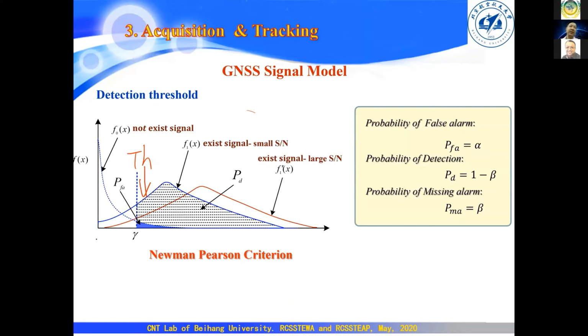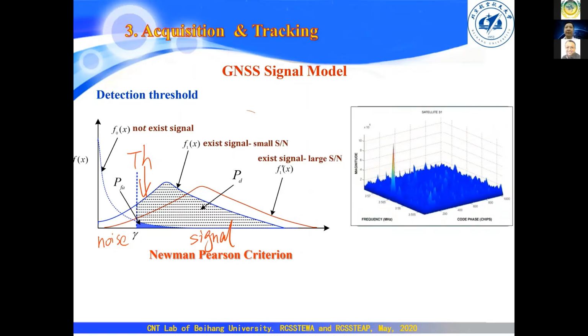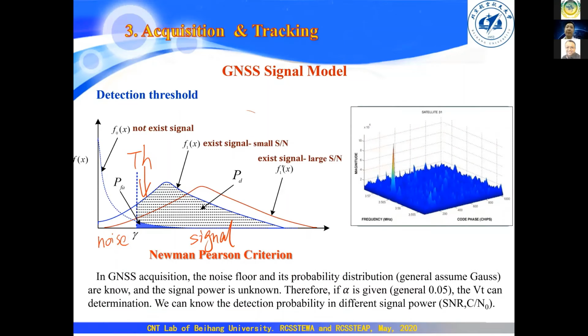If less than this, we think this is noise. This is signal and this is noise. Commonly we can tolerate 5% error, and we set the threshold accordingly.